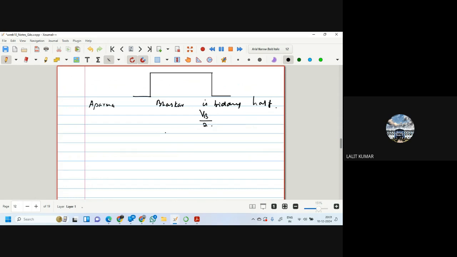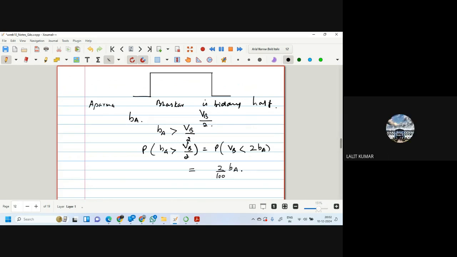Aparna's bid is BA. So for Aparna to win, BA should be greater than V by 2. The probability of BA greater than V by 2 is equal to the probability of VB less than 2BA, which is equal to 2 by 100 BA.